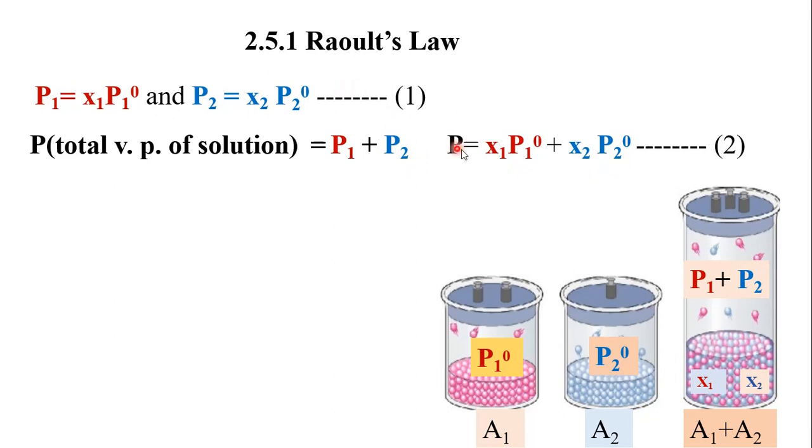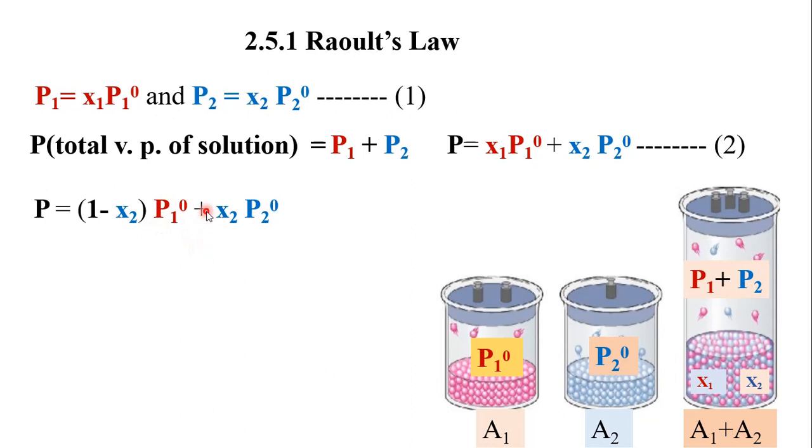If you substitute the values of P1 and P2 in this equation, then the total vapor pressure of the solution is P equal to x1 into P10 plus x2 into P20. That is P equal to (1 minus x2) into P10 plus x2 into P20, because x1 plus x2 is equal to 1, and therefore x1 is equal to 1 minus x2.